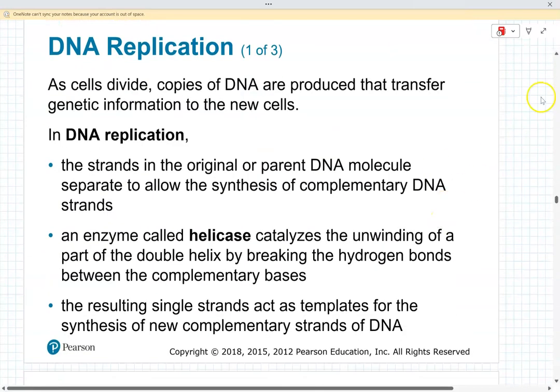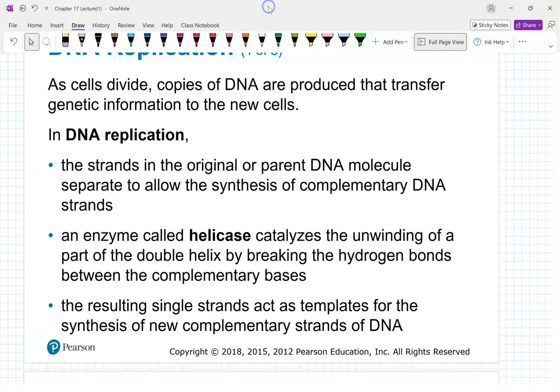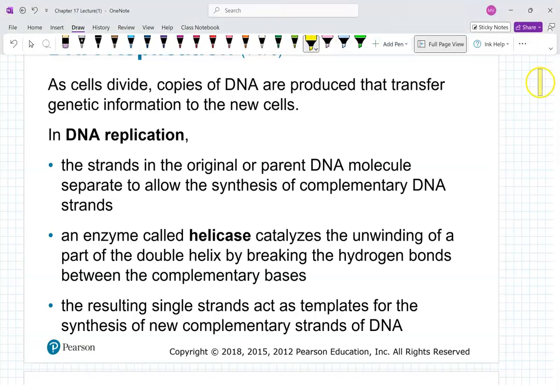Now, we mentioned that DNA is the storage of genetic information. Why do your kids look similar? Like, why do they look not exactly like you, but kind of like you? Yeah.